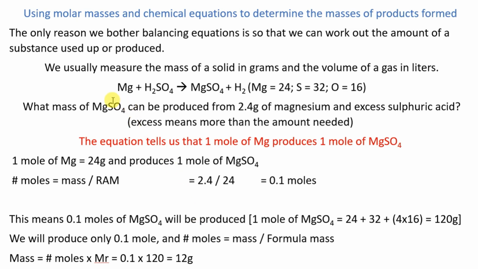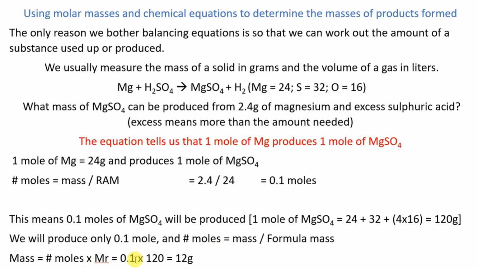The equation shows me 1 mole of Mg gives 1 mole of MgSO4. I can figure the mass of 1 mole of MgSO4 by adding up my relative atomic masses as given. Mg, 24, S, 32, oxygen, 16, but there are 4. 4 times 16 comes to 120 grams.